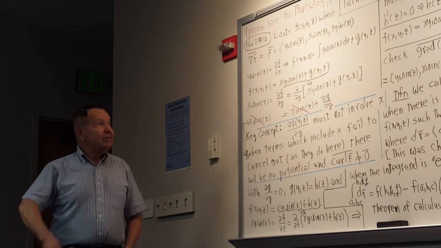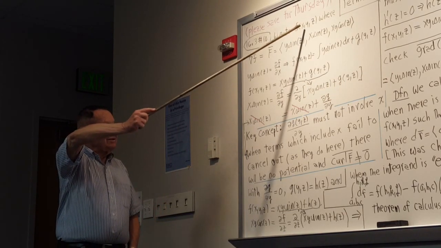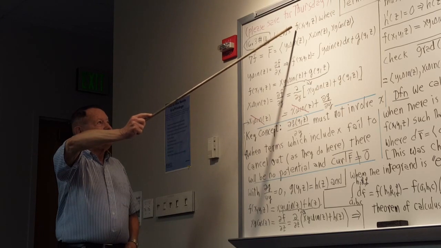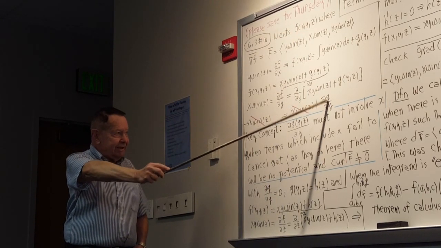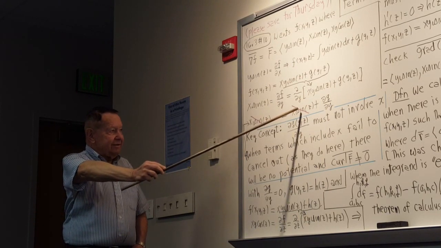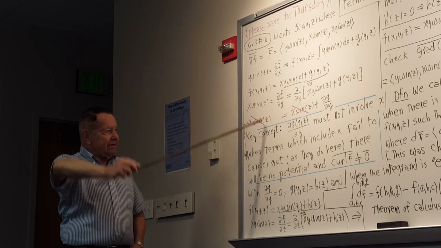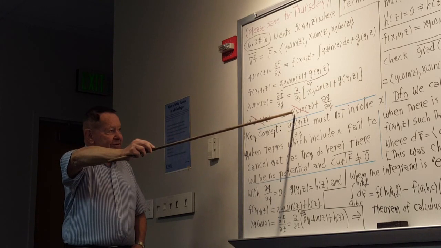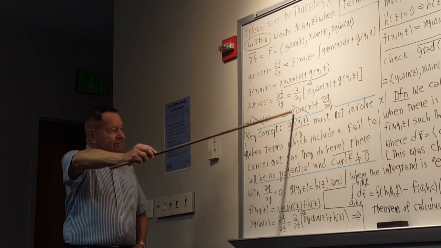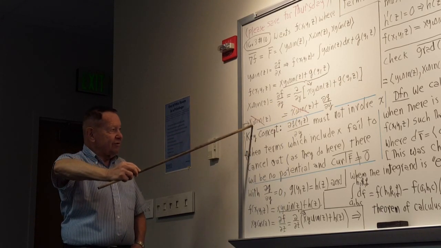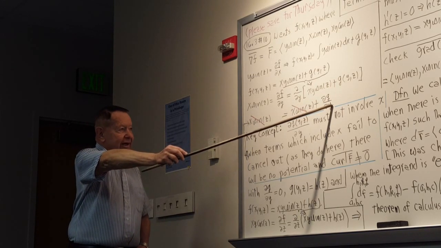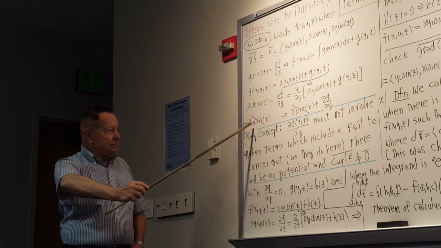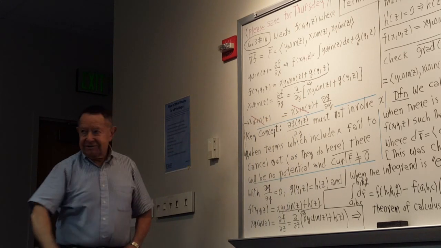So if your quest, if you want that word, to get a scalar potential is going to succeed, then in steps like this, where you have some letters x from the first time around, when you're looking for the function of y and z only, the terms with a letter x have to cancel.